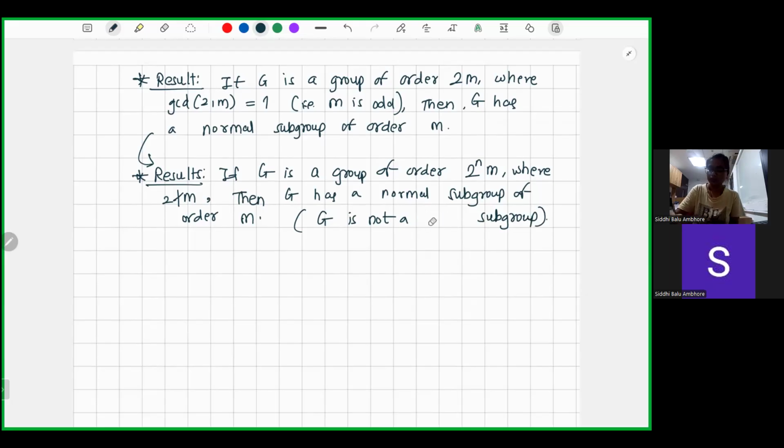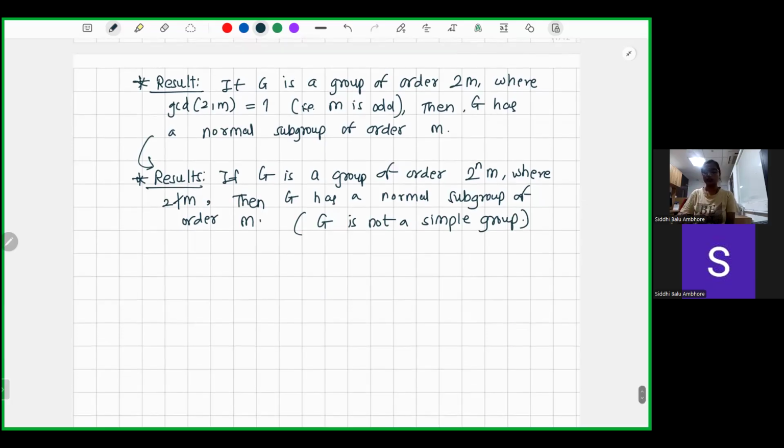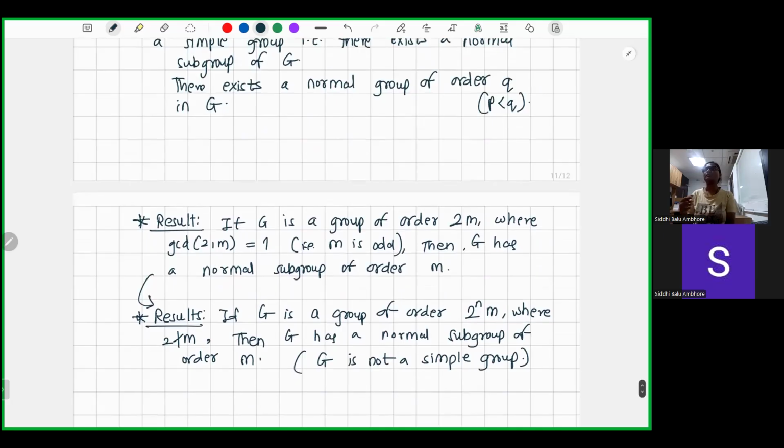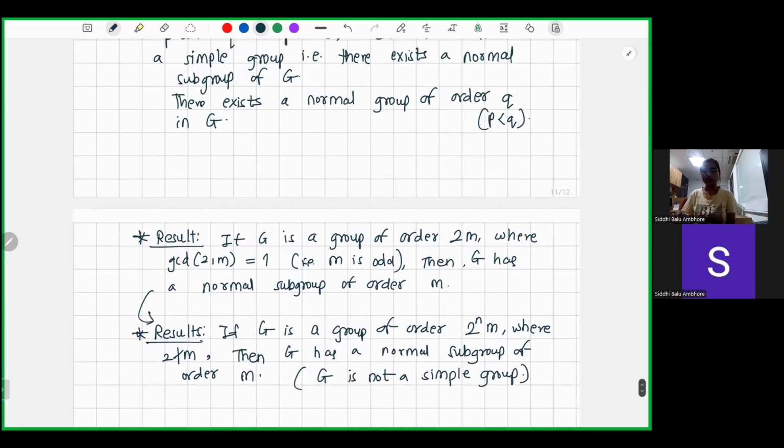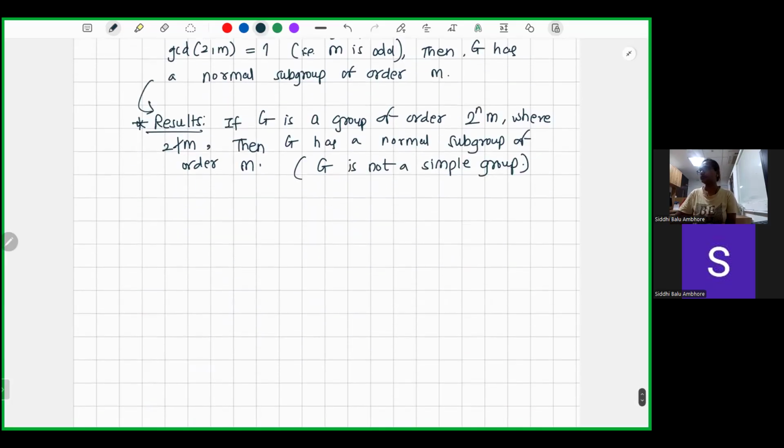So there will be a group of order m which will be normal in G, and that will give us a non-trivial normal subgroup of G. Then we can conclude that G is not a simple group.